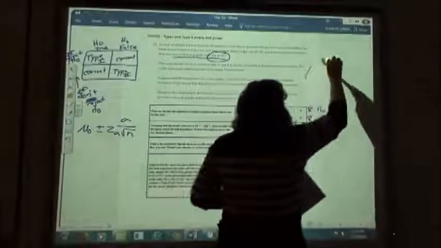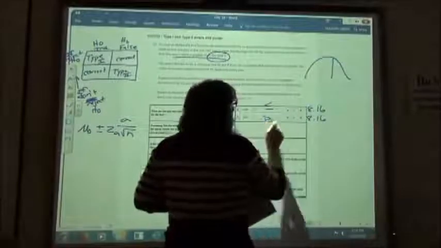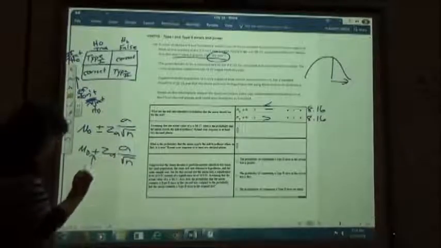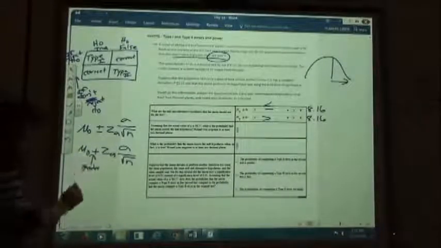Sort of remember seeing that formula last week? So, in this case, we are going to use the greater than, right? The greater than means we're going to use the plus sign and not the minus sign on this problem. So I'm going to put that little note there so you know why I use the plus. So, my mean value here is the $8.16 that we had.